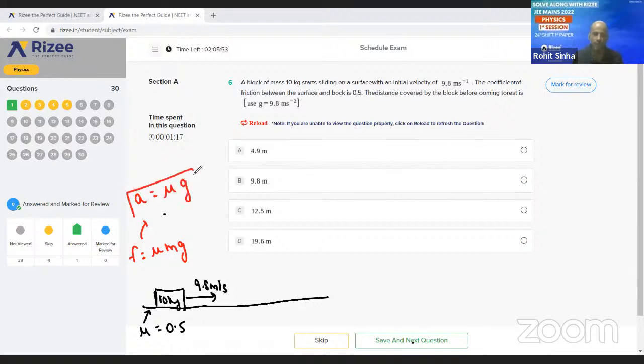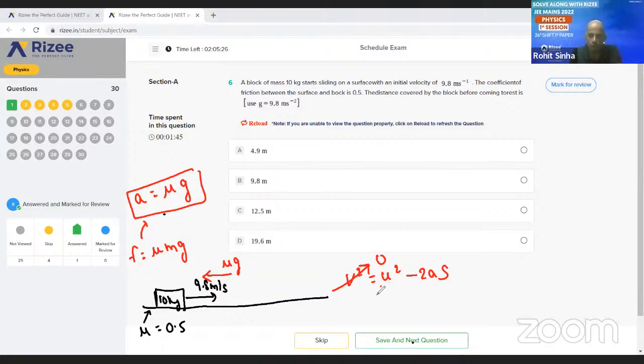So the negative acceleration is mu into g. Now we can apply the formula v square is equal to u square plus 2as, but here it is retardation, so minus 2as. Finally it will come to rest, so v square is 0.